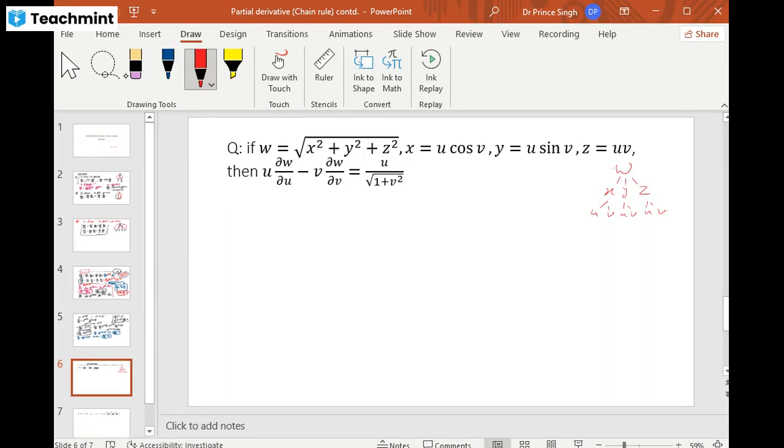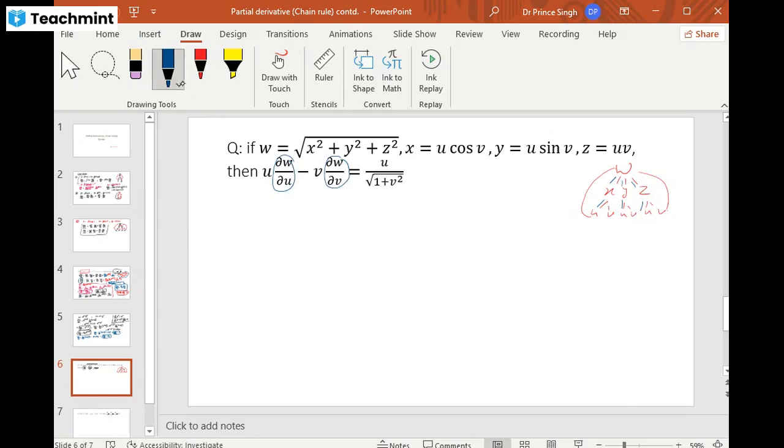So w also depends upon u and v, but it follows the chain rule: with respect to x, with respect to u, with respect to y, with respect to u, with respect to z, with respect to u. Similarly in terms of v. And again, we need ∂w/∂u and ∂w/∂v.